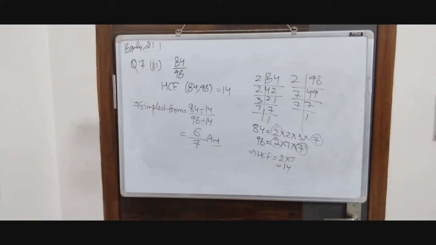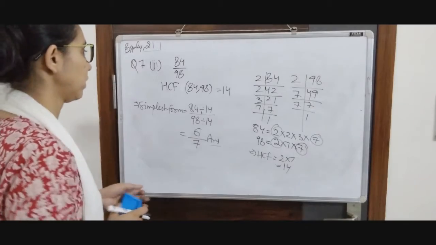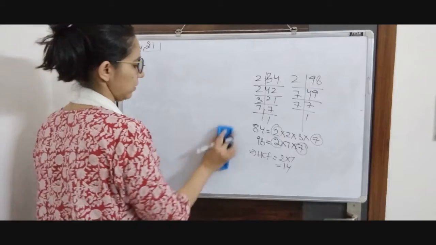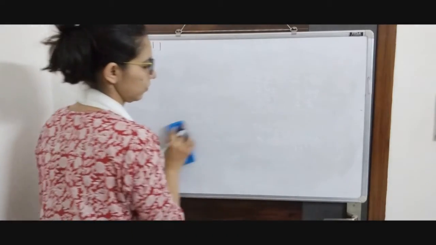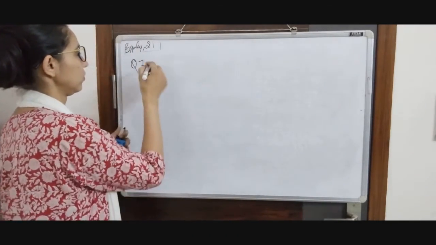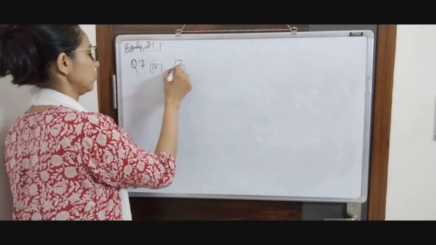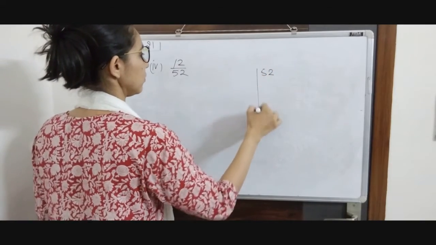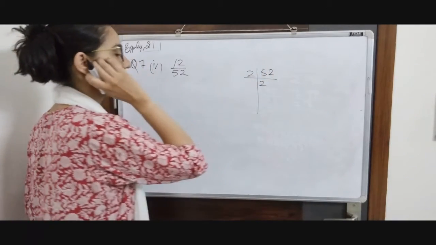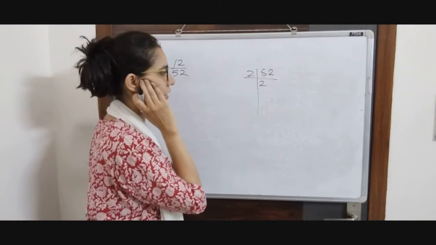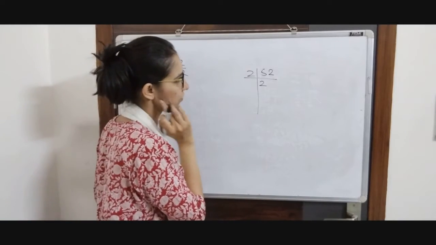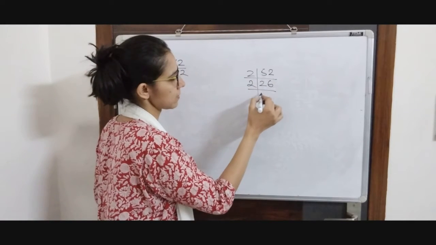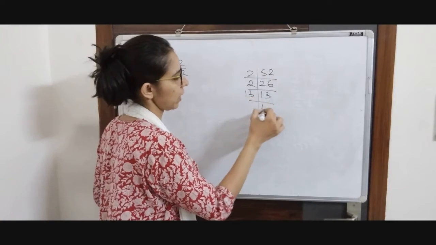Next is our 12 by 52. HCF, we will start with the smallest prime number and do the prime factorization of 52. It is going to be 26, 13, and 13 is a prime number.